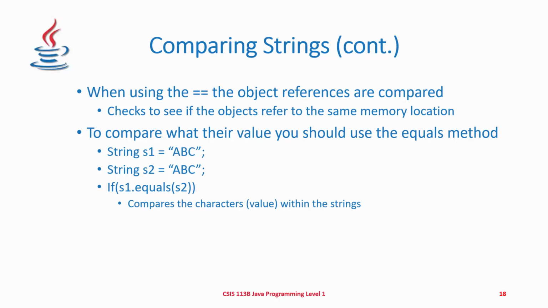So the good news here is that objects will usually have an equals method. The string class does have an equals method. So if you do the expression that you see there for the if statement, if s1.equals and then we put in the second string, s2, in the parentheses, so that's the argument we're passing to the method equals, then that comparison will evaluate to true.